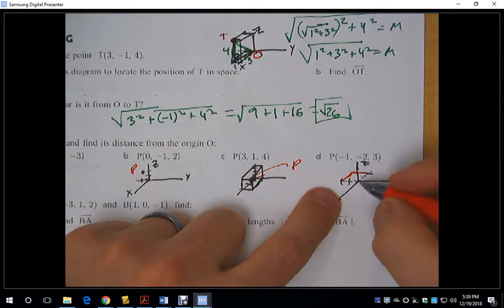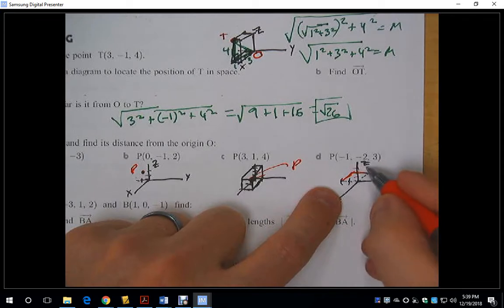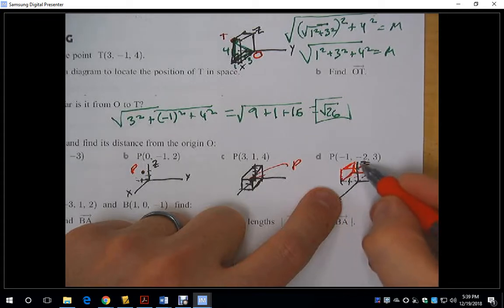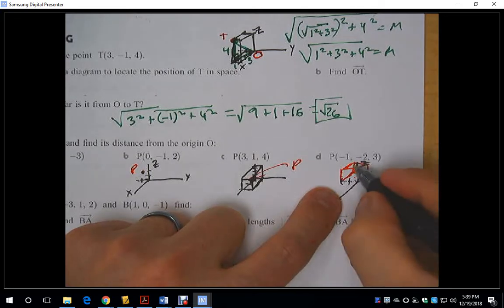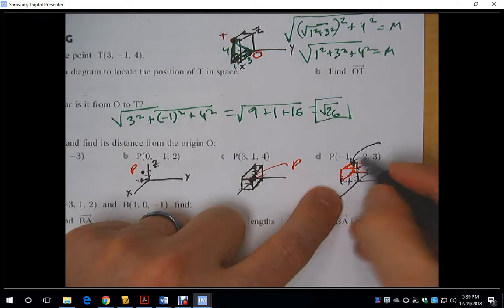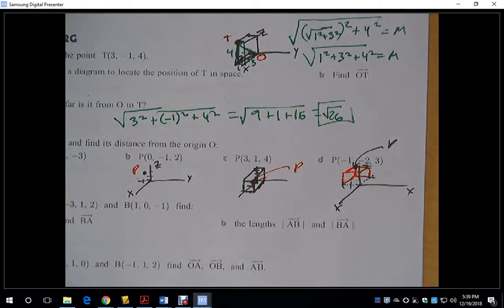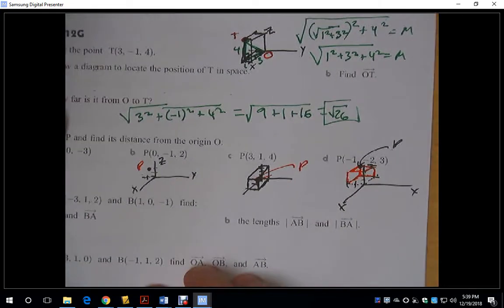And then 3 units up, 1, 2, 3. So some point right here, that is our P point right there, behind the wall in both directions. All right, let's look at the next one.